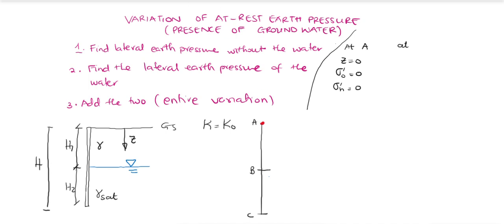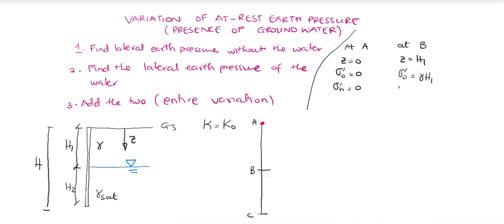Then at spot B, Z is H1. So at B, we will have Z to be H1. And so our effective geostatic stress at that point is going to be gamma H1.